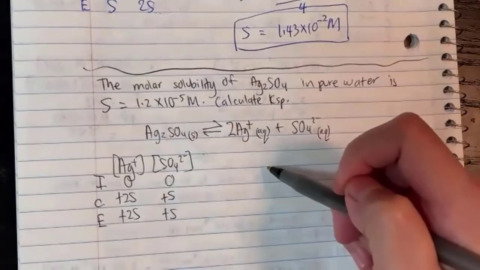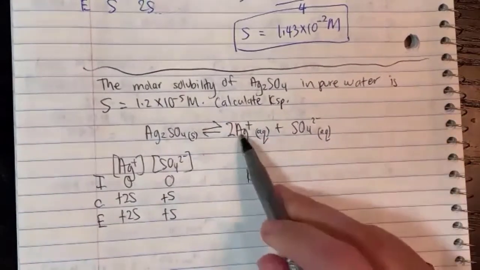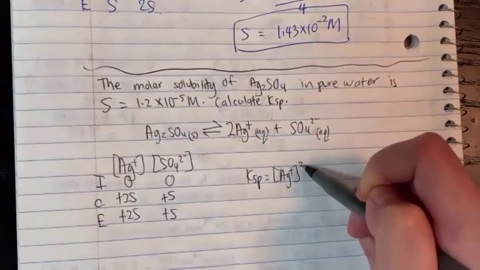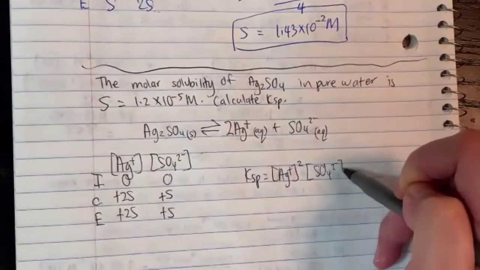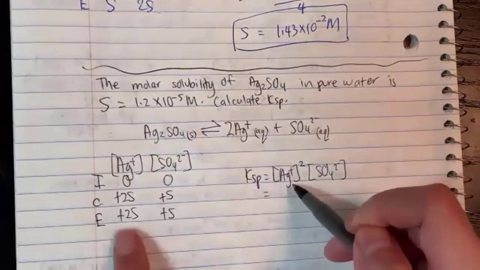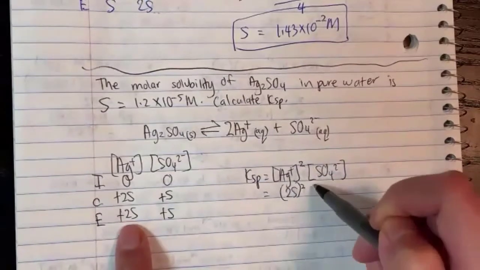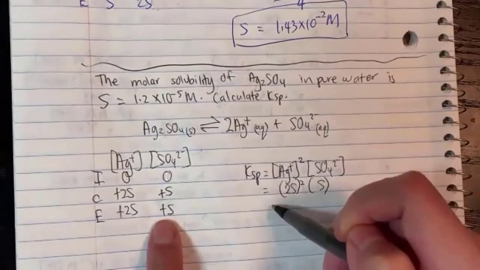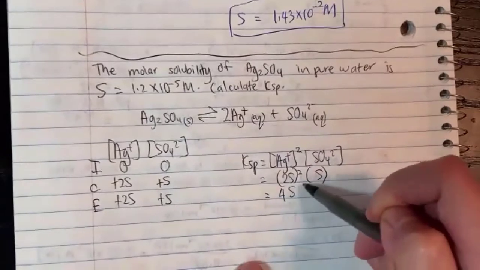And then that means KSP for this guy is [Ag+] squared, and then [SO4 2-], which means this guy is 2S squared, and SO4 is just S, not squared. So that will give me 4S cubed.